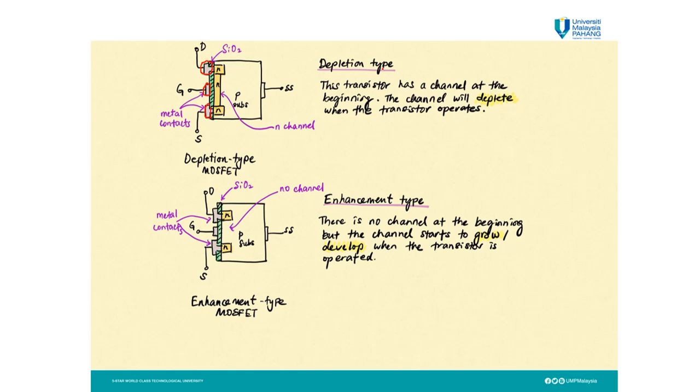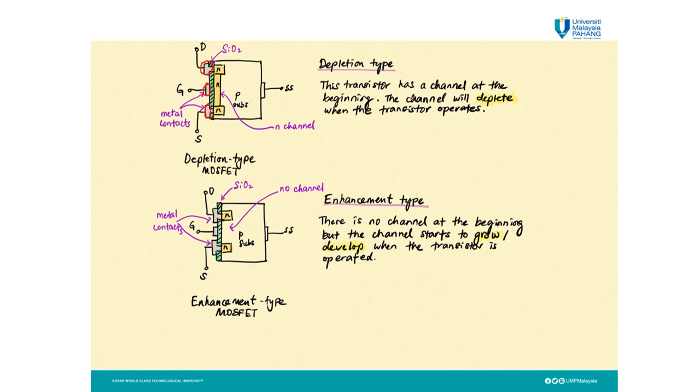So take a look at the meaning of the depletion type. Why do we call it depletion? Because this transistor has a channel at the beginning. Yes, you see, the depletion type has a channel, but the enhancement type has no channel.